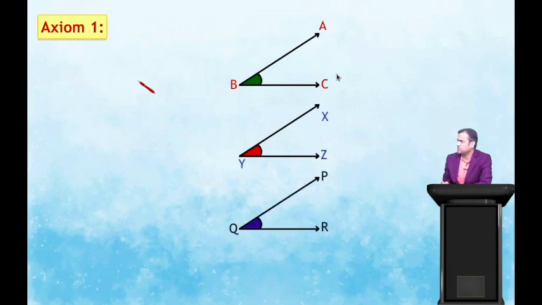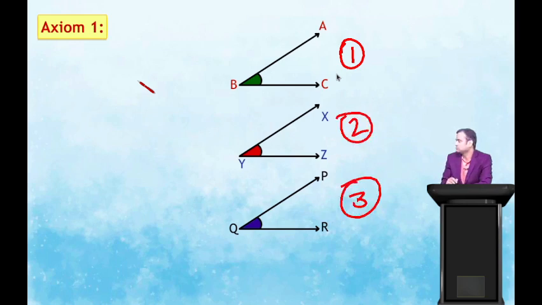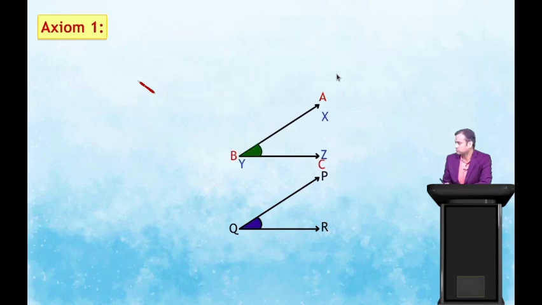Let's see, we have three angles: first angle, second angle, and third angle. If you put one angle over another angle, they are equal. We can see that these angles are equal.